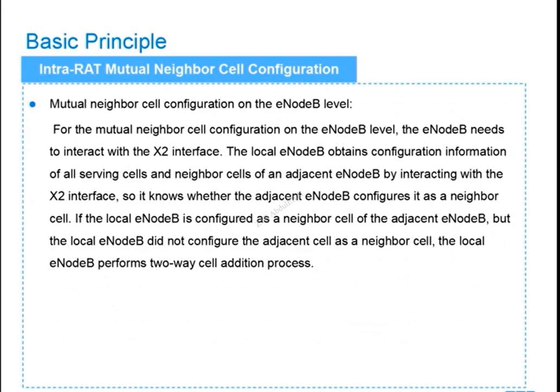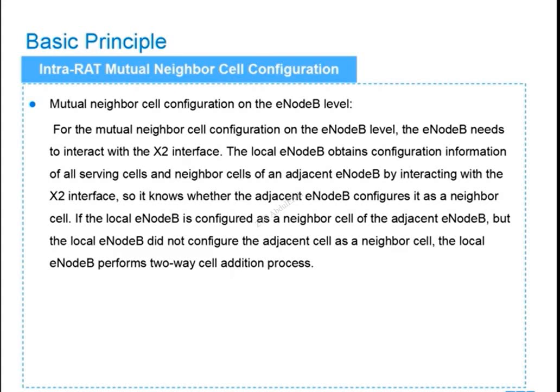Another is on the node B level. At the node B level, it has one process, that is, the node B needs to configure the X2 interface. So the local node B obtains configuration information of outgoing cells and the neighbor cells of an adjacent node B by interacting with the X2 interface.